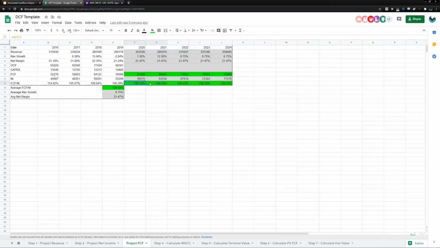And we also have the free cash flow to net income ratio, which gives us the ability now to project free cash flow by simply multiplying 56.575 times 108%, and we get 61.4 billion. We're just going to do that for each individual year as we go out. So this gives us our projected free cash flow. That's the top half of all of these equations.